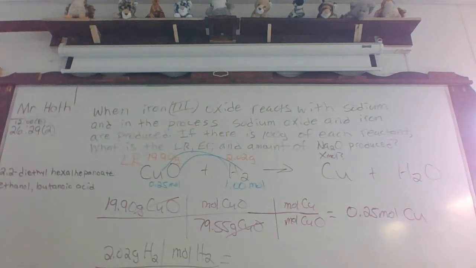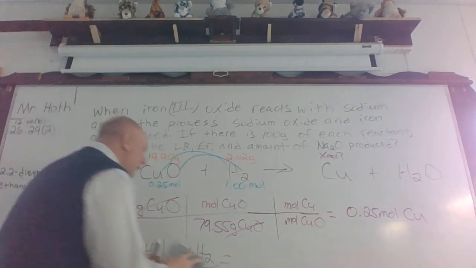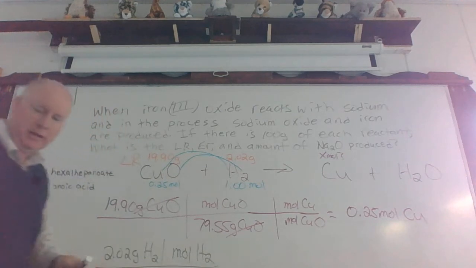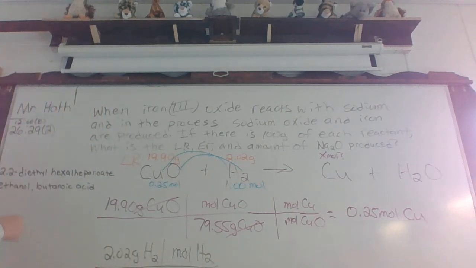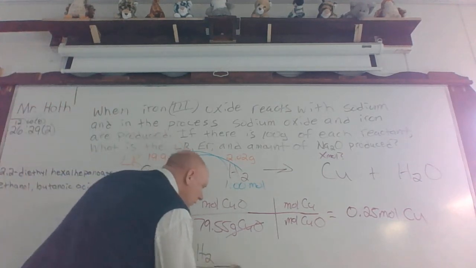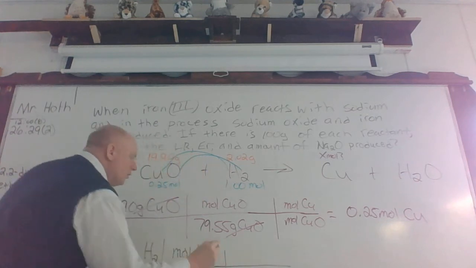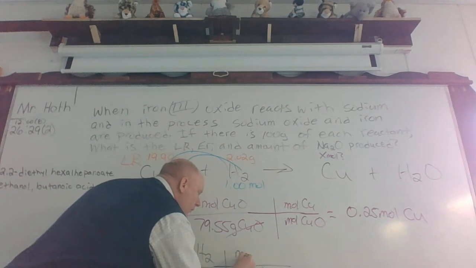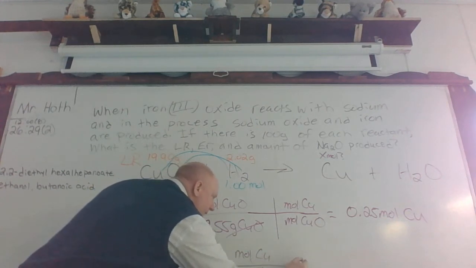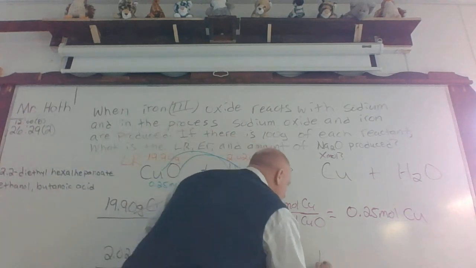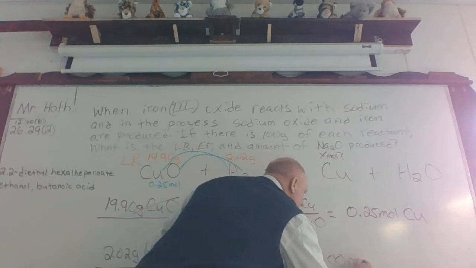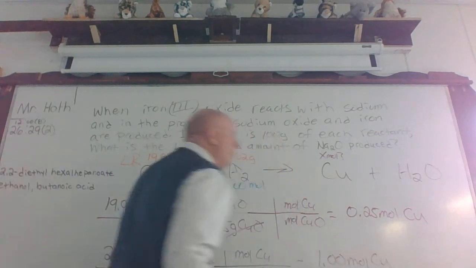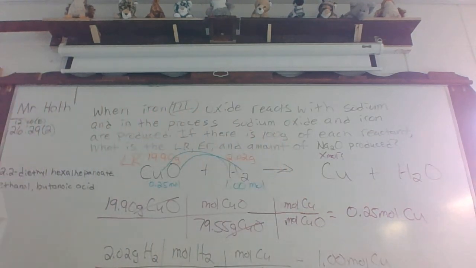Okay, so back to this. If we extend that out, for every mole of hydrogen, we get a mole of copper. That produces 1 mole of copper. But we already had predetermined that this was our limiting reactant.